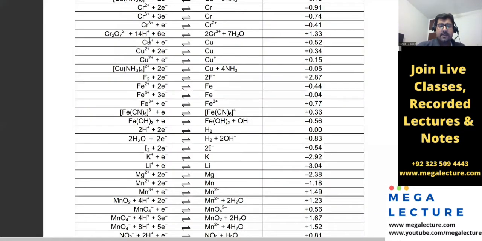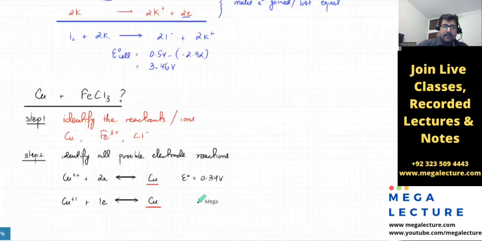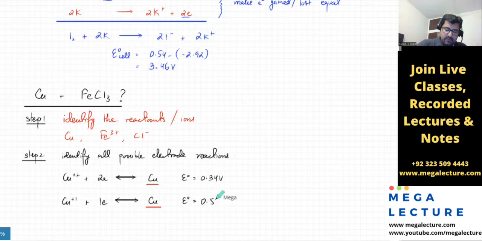Copper plus 1 in equilibrium with copper, that's 0.52. The other one is 0.34. So this one is 0.52 volts.